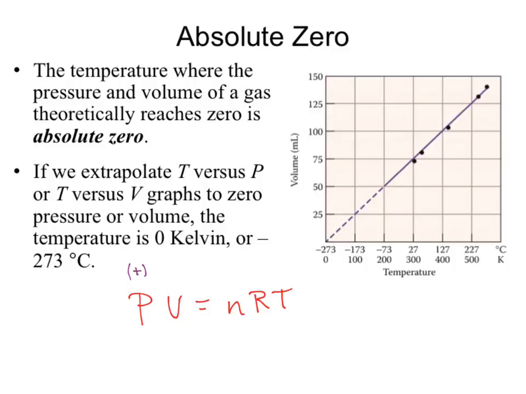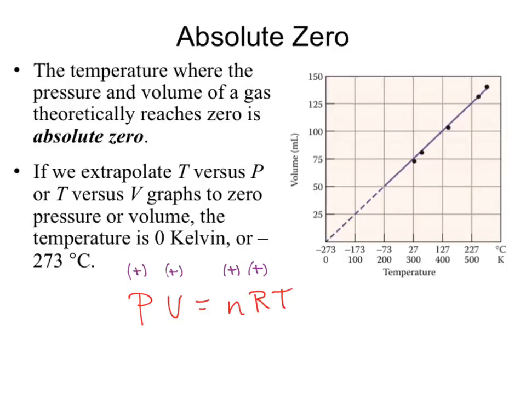What are our possible volumes? All positive. Possible moles? All positive. Gas constant? Always the same and always positive. Which means what happens with our temperature? It's always positive. And we don't even have to worry about Kelvin necessarily in the way we are looking at it.